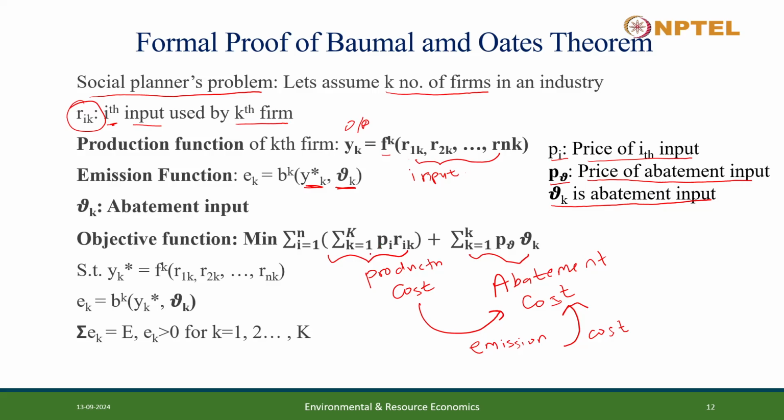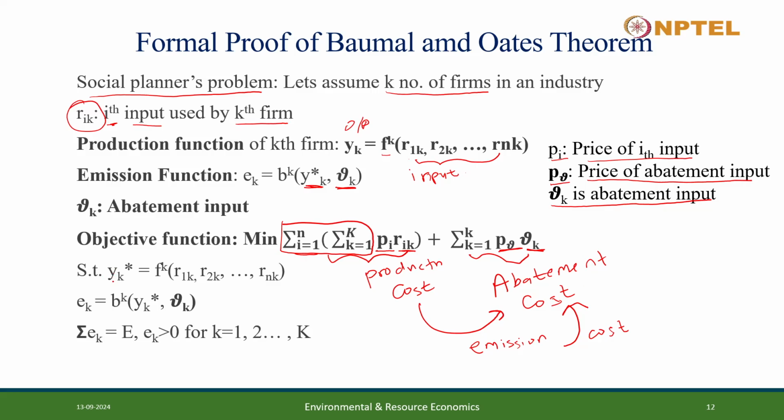First, the production cost: we have firms from 1 to K, so all the firms will be summed, and inputs from 1 to n. So we double sum over both the inputs as well as the firms, with the price multiplied by the raw material. Then we get the price of abatement and the abatement done by each of the firms. So the objective function is clear: production cost and abatement cost are there.